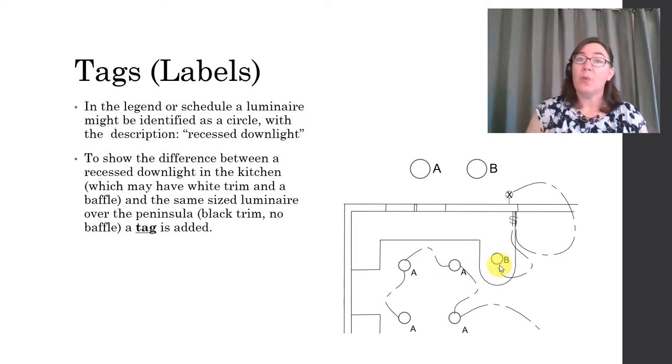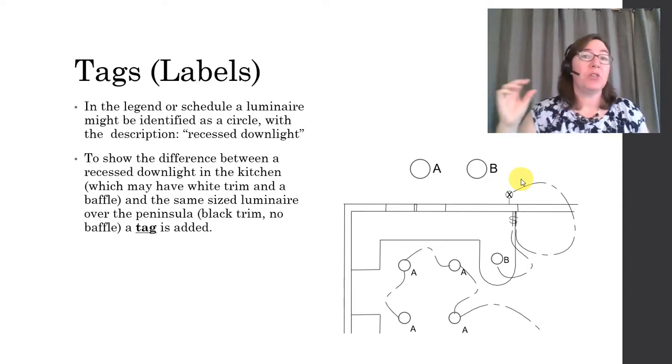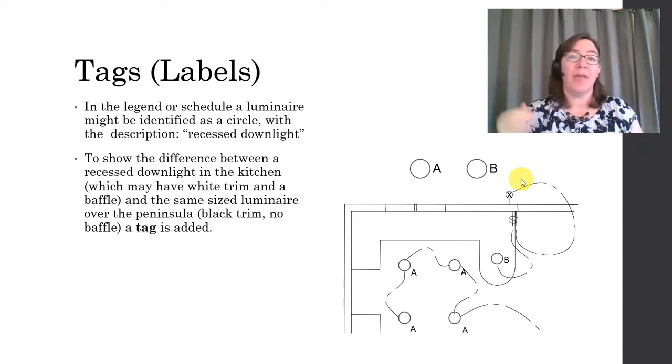We might add a tag, and that's going to be this little letter floating next to the luminaire symbol. You'll often use tags for different options for the same type of luminaire. And when you do, make sure that you list all of them in your legend or your schedule.